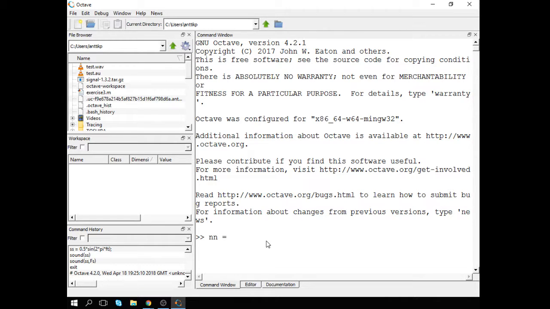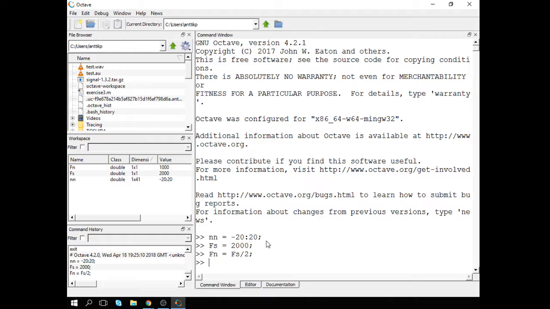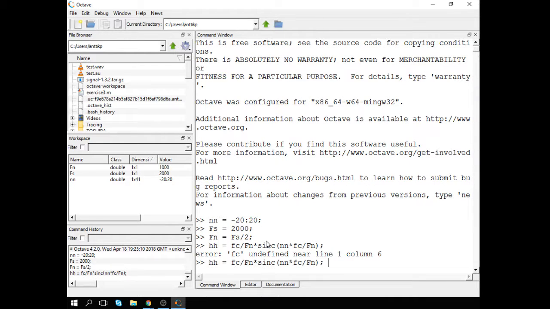The indexes from -20 to 20. Then Fs was 2000. Fn was 1000, or actually Fs divided by 2. And then we have hs, which was the sinc: Fc divided by Fn times sinc of n times Fc divided by Fn. Okay, and then the cutoff frequency, of course.